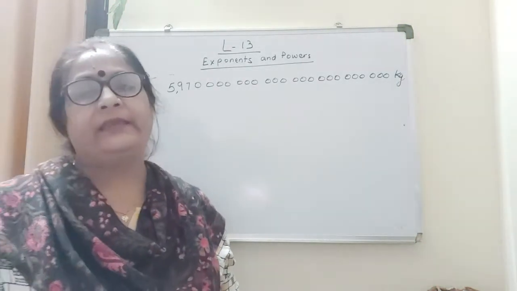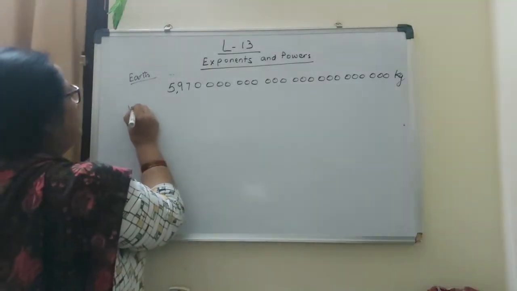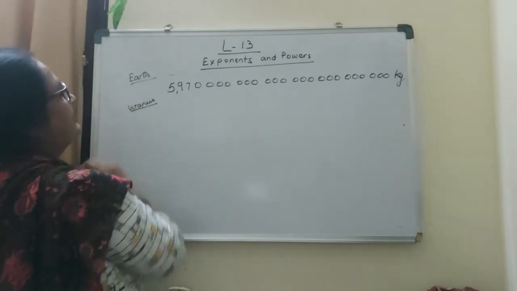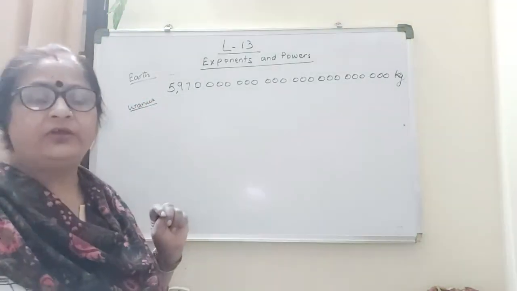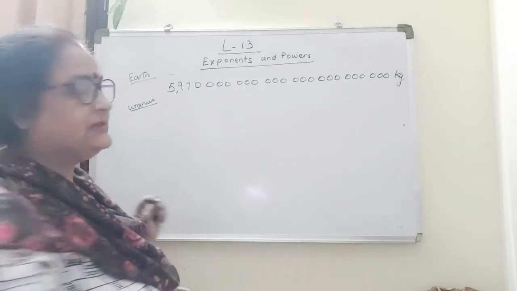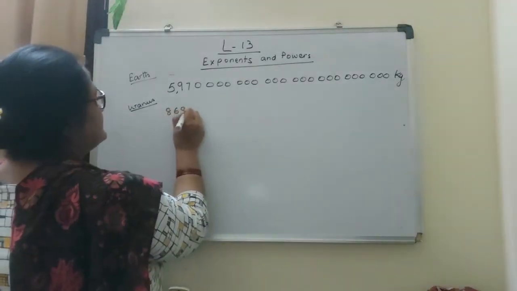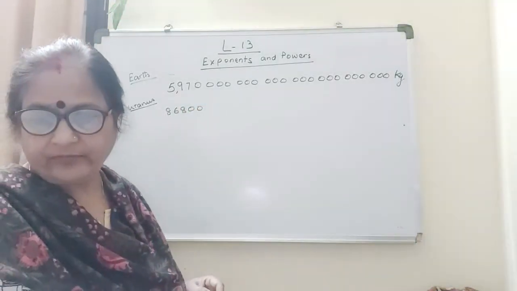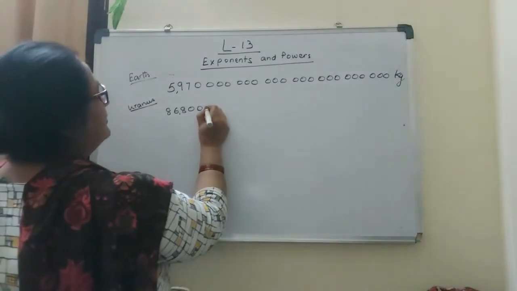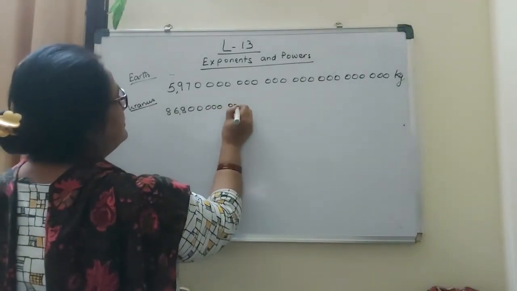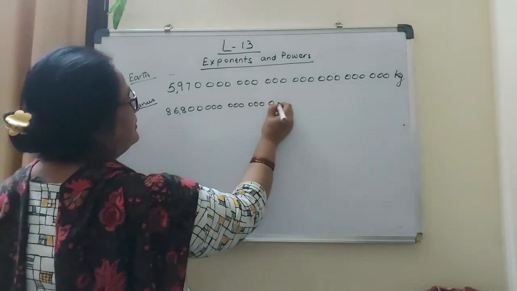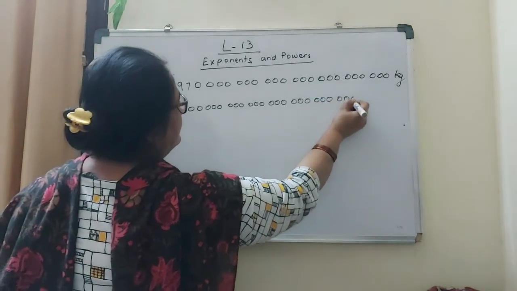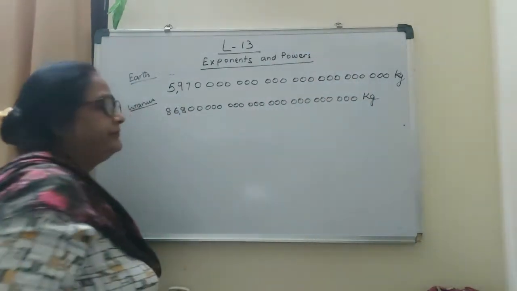Now, same way, what will be the weight or the mass of another planet, that is Uranus. If I take the mass of Uranus is 86800, okay? Then I have 1, 2, right?